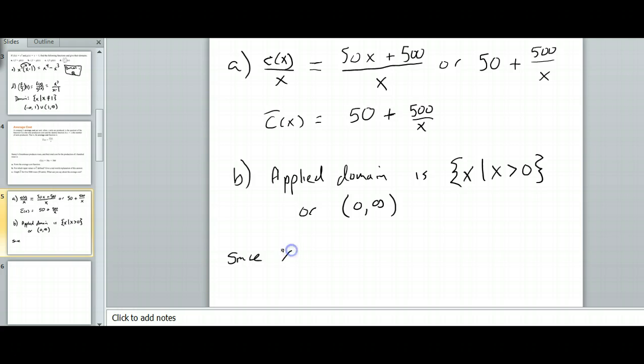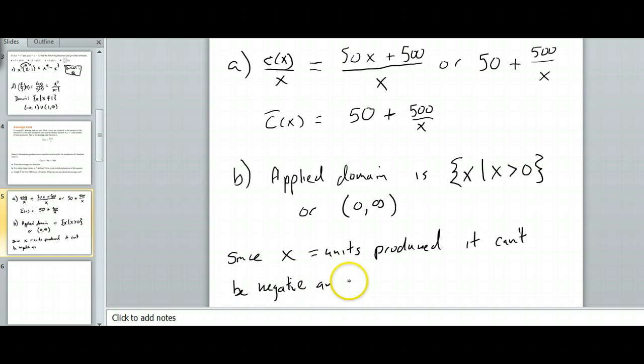Since x is units produced, it can't be negative, and in the function it can't equal 0, or we would divide by 0.